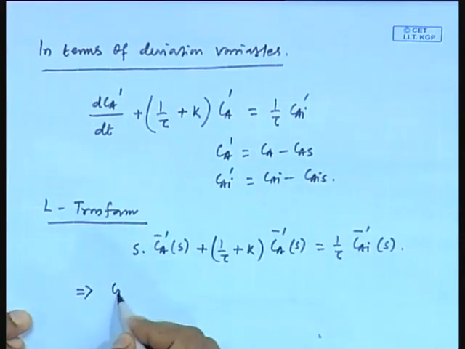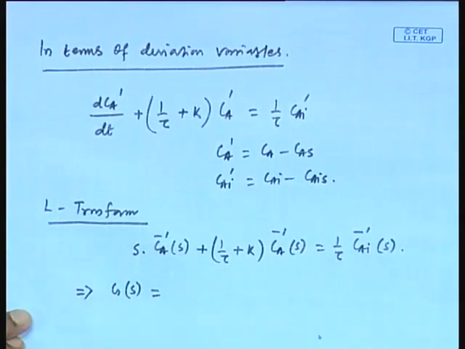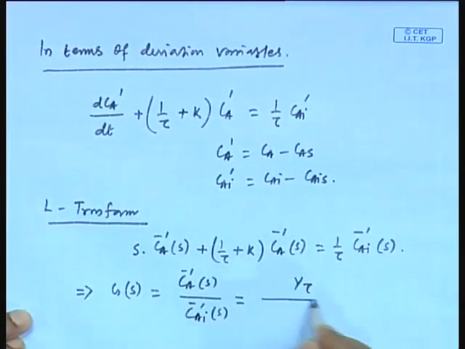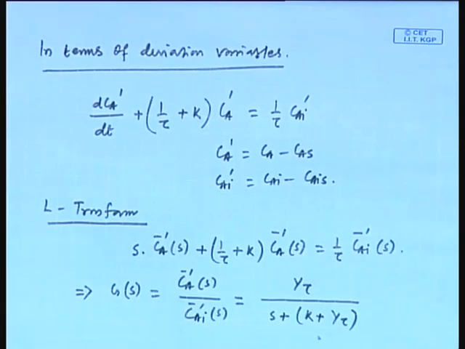Now, the transfer function G(s) equals output divided by input equals (1 by tau) divided by (s plus k plus 1 by tau). This is the final representation of the transfer function for the example isothermal CSTR.